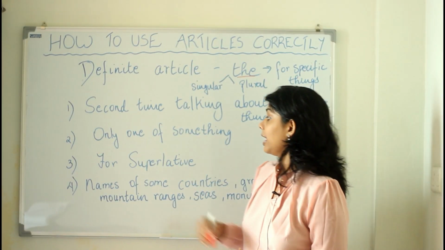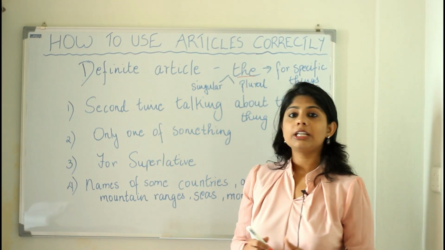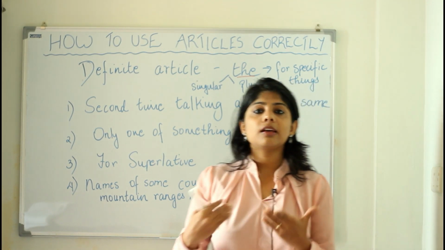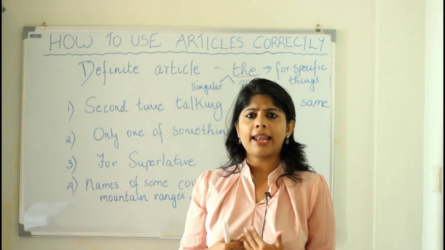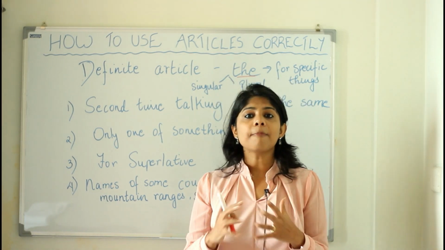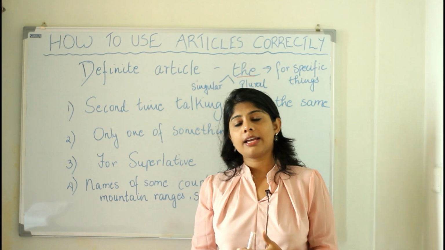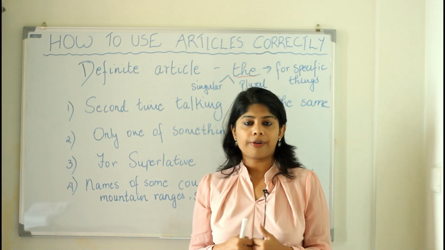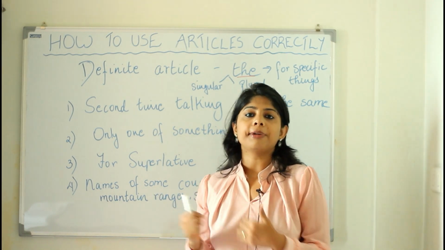The last one, the is used before the name of some countries. Now, you do not say the India, the Japan, or the Pakistan, but in the names of some countries like United States of America, you add the before it. The United Arab Emirates.